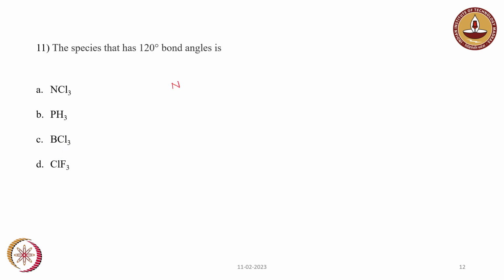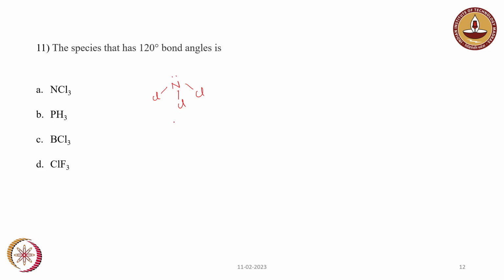For NCl3, nitrogen has 5 valence electrons, and it forms 3 bonds with chlorine and has 1 lone pair.